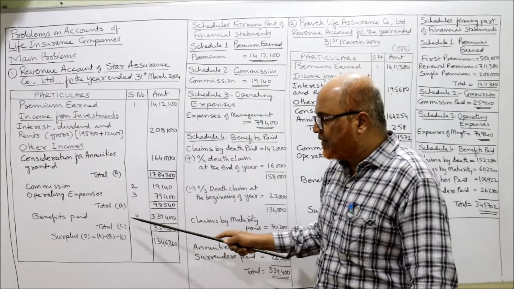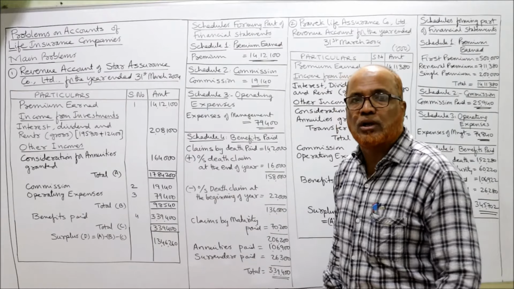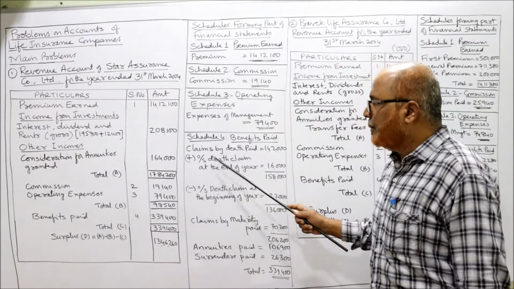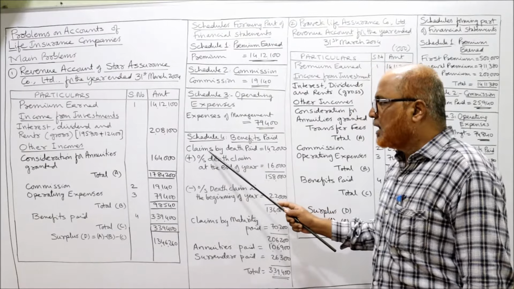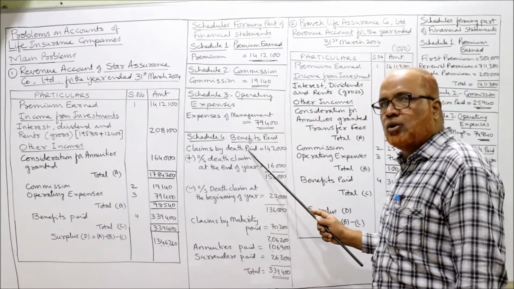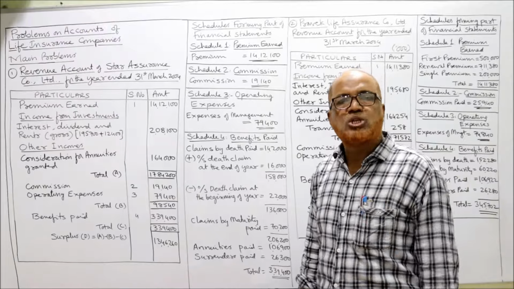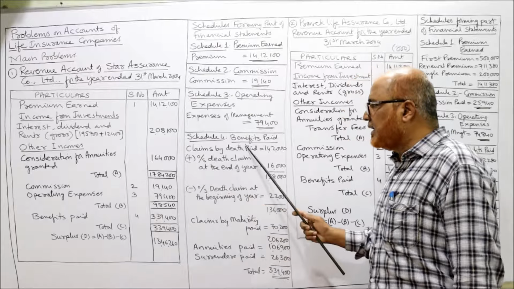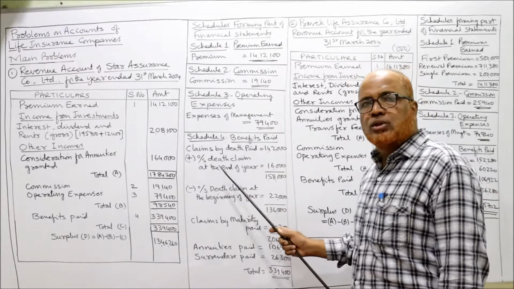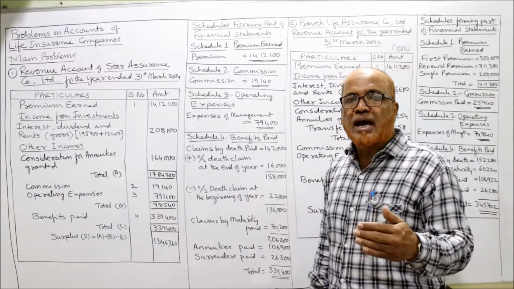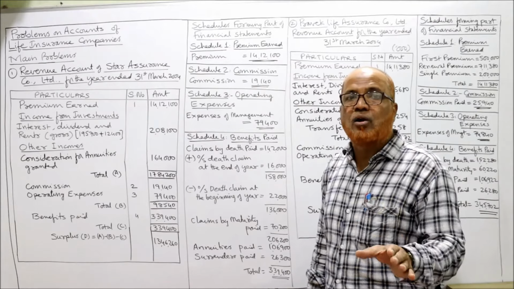Now last, benefits paid, fourth schedule. Now carefully you see here. Benefits paid, schedule number 4, claims by death paid. Two types of claims will be there, claims by death and claims by maturity. So claims by death, we take 1,42,000. To this we add outstanding death claim at the end of the year.